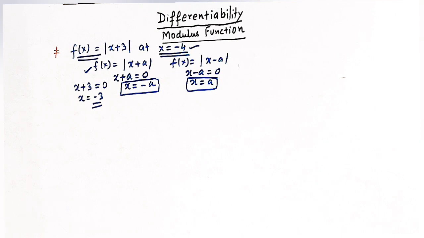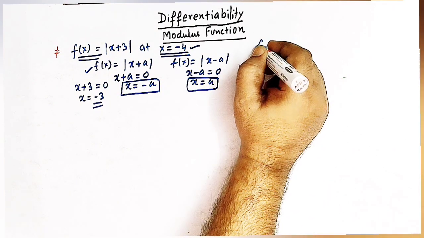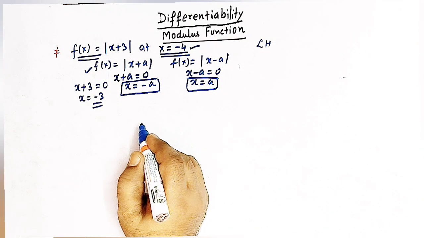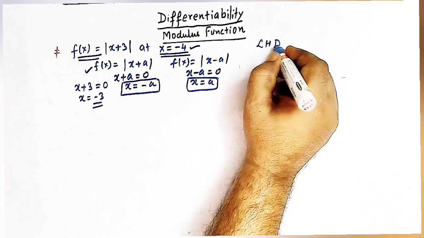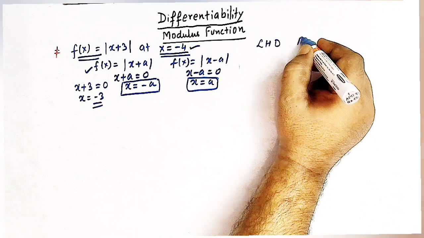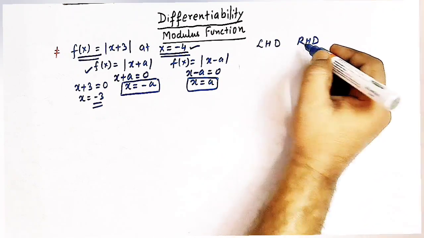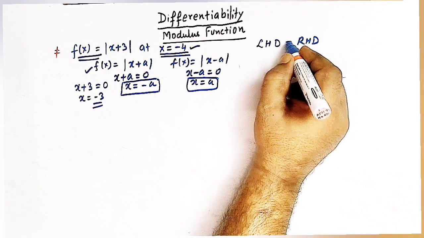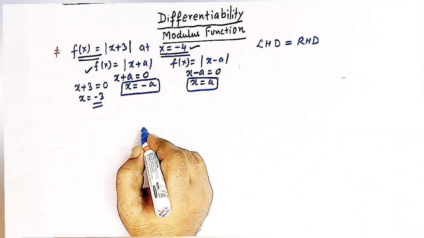By the definition of differentiability of functions, we know that if the derivative of a function is to exist at some given point, then the left hand derivative must exist and it must be finite. Similarly, the right hand derivative must exist and it must be finite. And both the derivatives must be equal to each other, right?